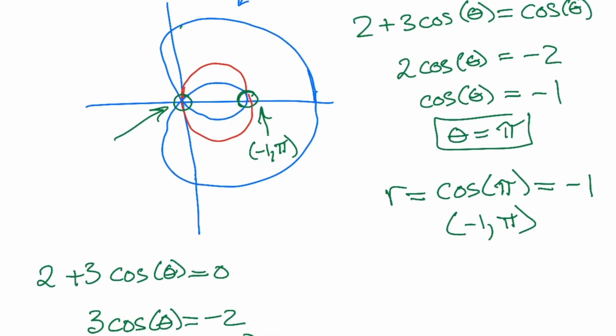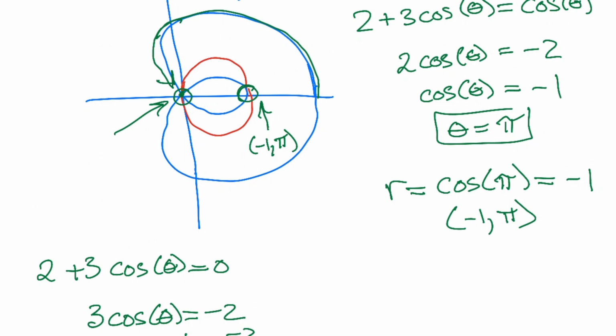But that's not the only angle. That's the first time. If you think of the angles as getting bigger as you go around this curve, that's the first time that this crosses the origin. And then the second time it crosses the origin will be at this angle here.